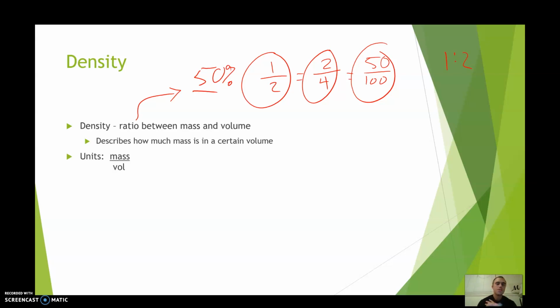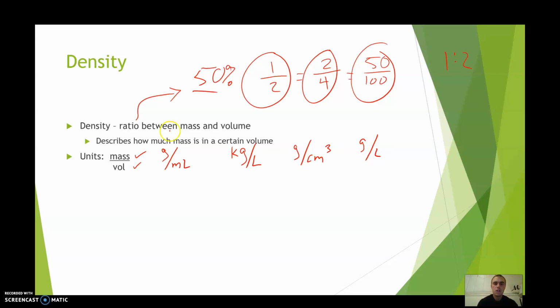Okay, for your units, in any density measurement, you have a mass unit over a volume unit. A lot of times the units for density is grams per milliliter. That's very common for density, but sometimes you end up seeing kilograms per liter, or maybe grams per centimeter cubed, or grams per liter.